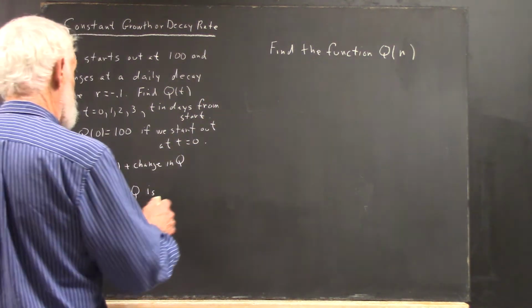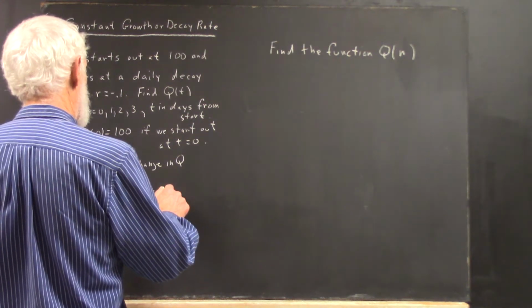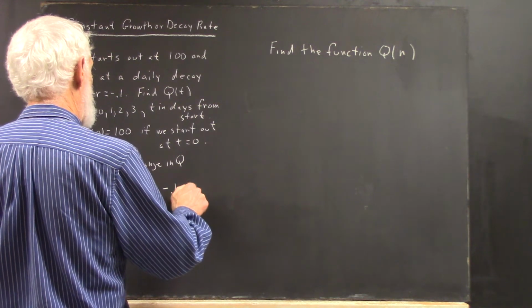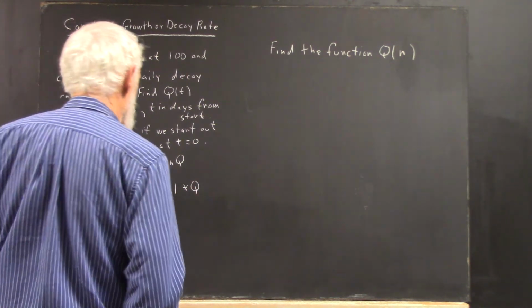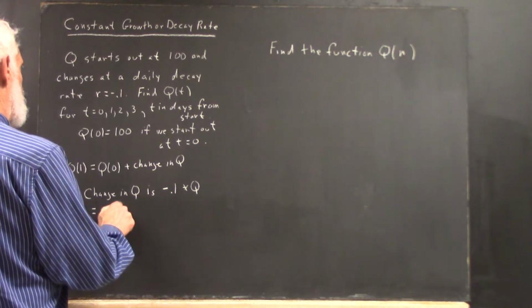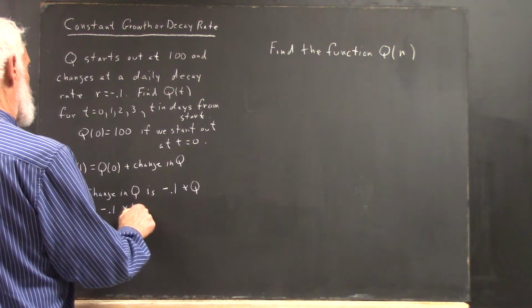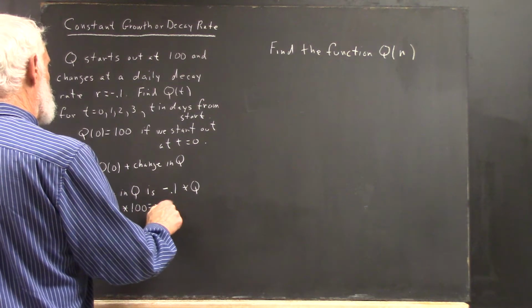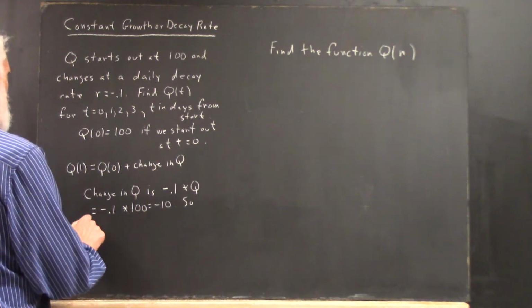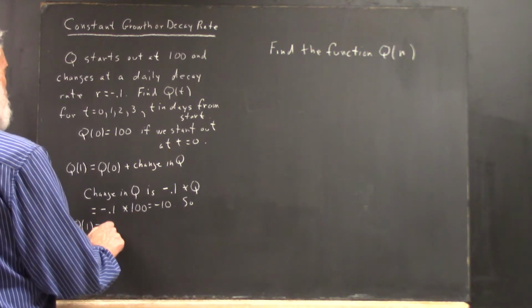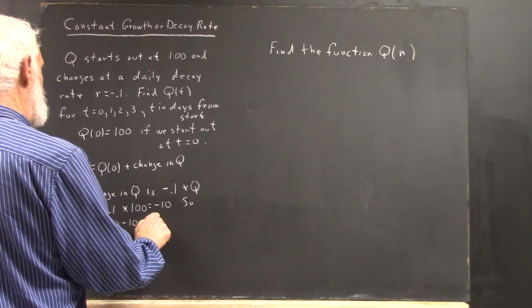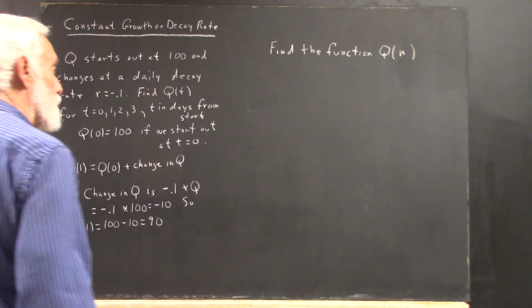Change in Q is then negative 0.1 times Q, which is negative 0.1 times 100, which is negative 10. So Q of 1 equals 100 minus 10 equals 90.